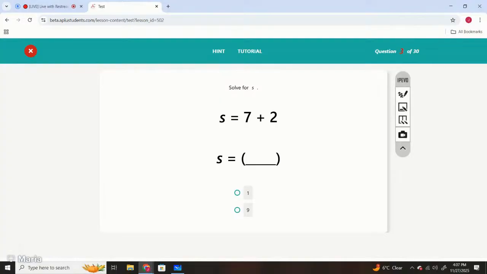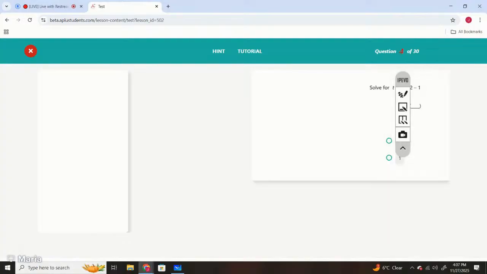S equals 7 plus 2. So 7 plus 2 equals 9. Option number 2 is the correct option, that is 9.